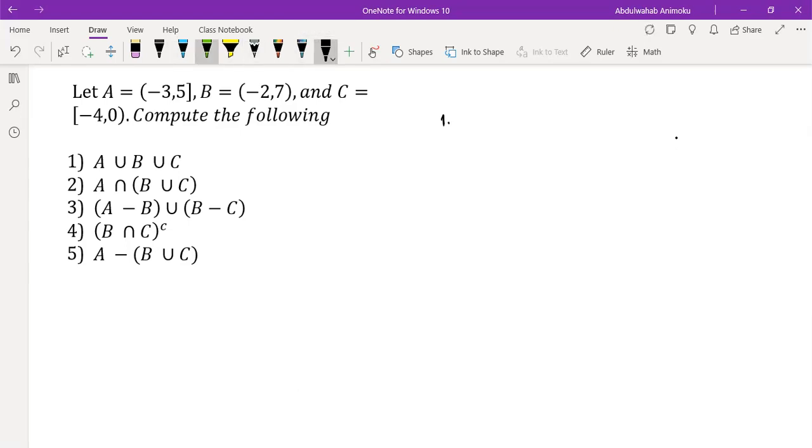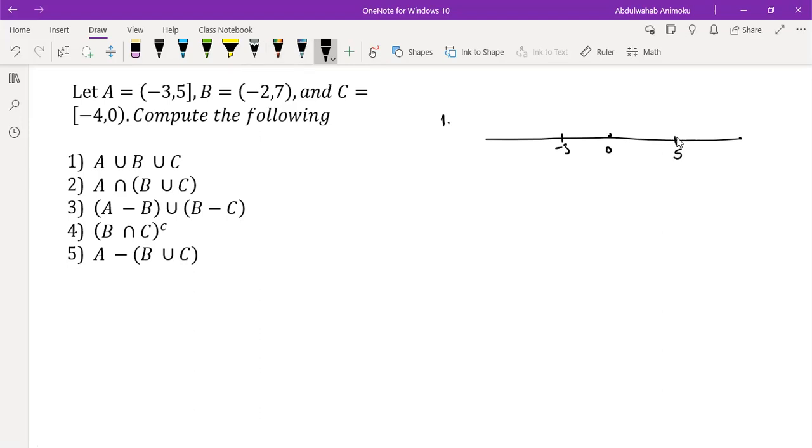So let's say you have a real line. The first thing is we need to draw sets A, B, and C on this real line to have a feel for what the elements in these sets are before we go into these problems. So here is 0. Let's write some critical values to get A. A is a set between -3 and 5. So let's say here's -3 and here's 5.